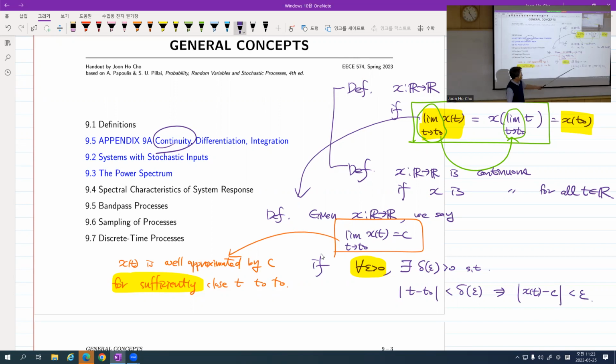So if you put equality here, then you have some problem, because for every epsilon positive, if t0 is in the domain, by choosing delta of epsilon as 0, if there is equality, then you only choose t equals t0.